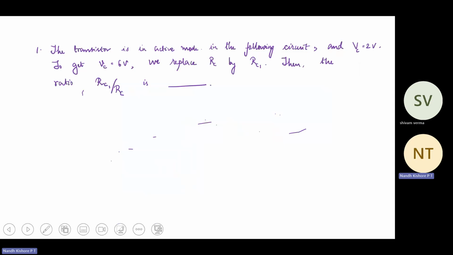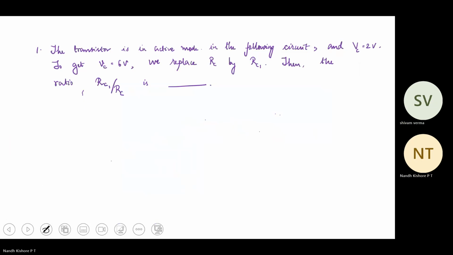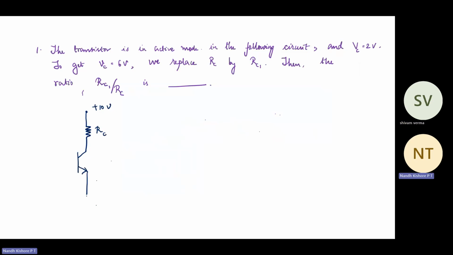Okay, and they have also given a circuit over here. So the circuit is, you have a 10-volt supply and you have the collector resistor RC, and you have a BJT, and you have VC over here.